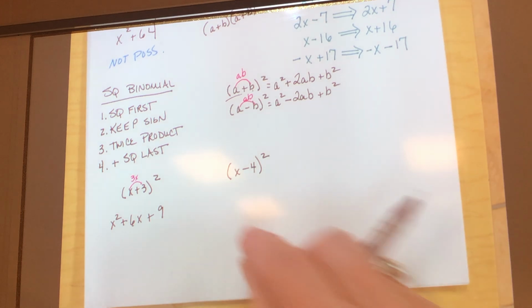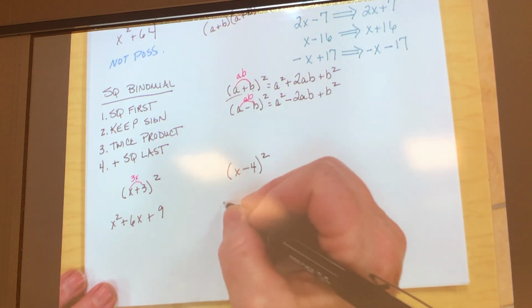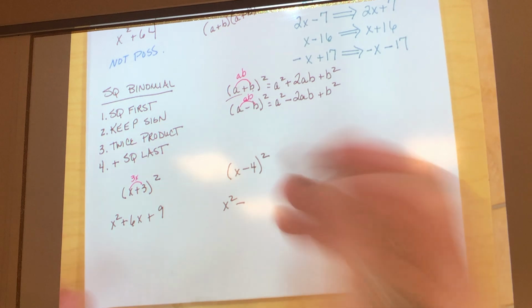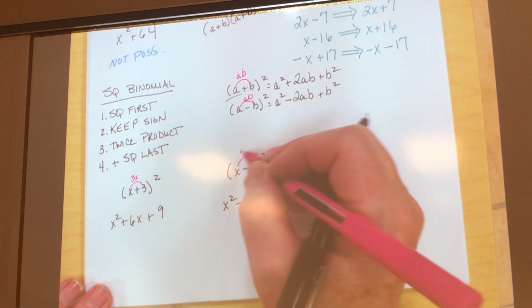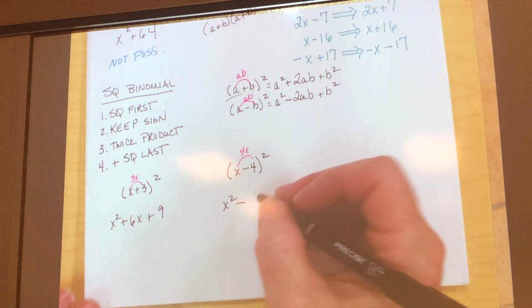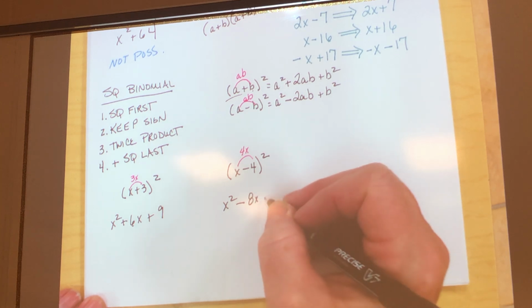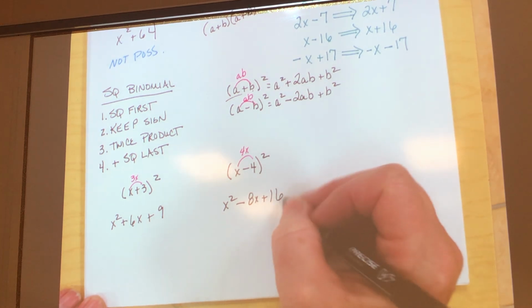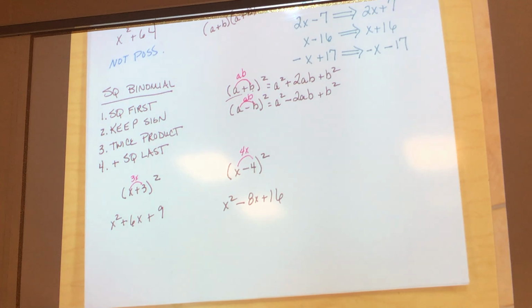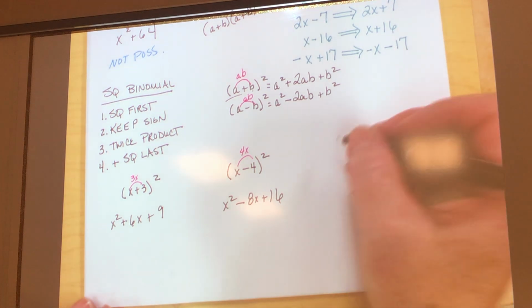Okay, you got it? So we're gonna square the first, x squared, keep the sign minus, the product is 4x, so twice that would be 8x, plus square the last, 16. Anybody got a question? Okay, here's the last one, it's the most difficult.